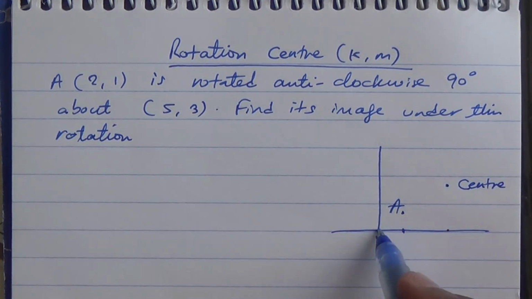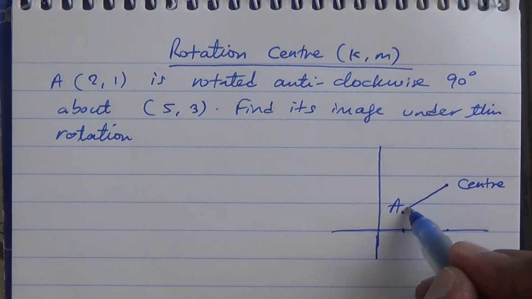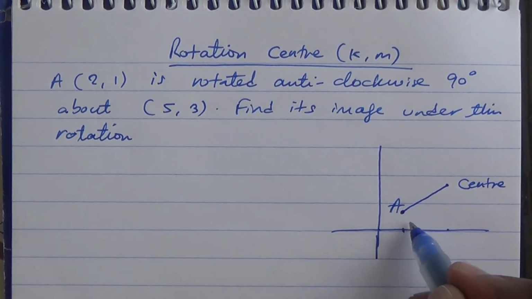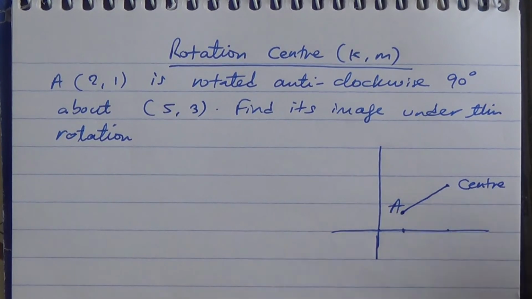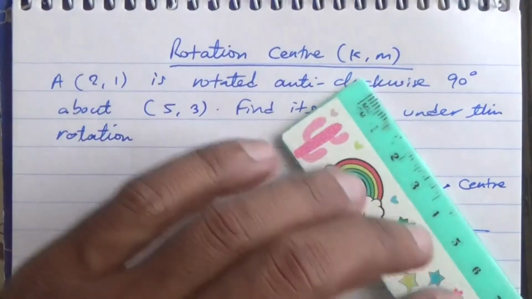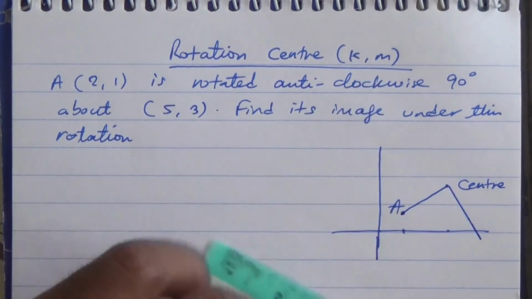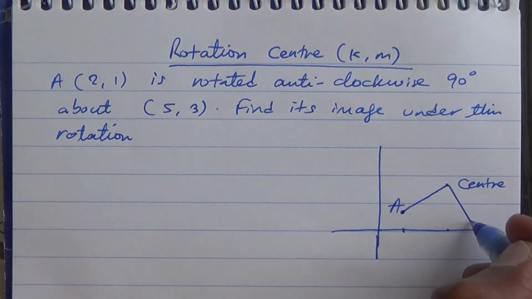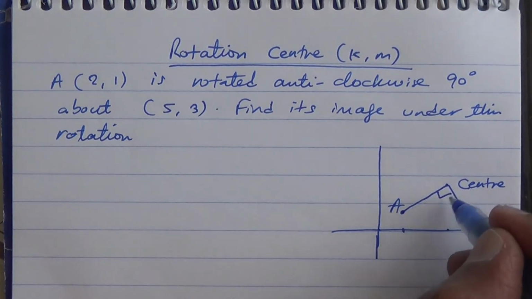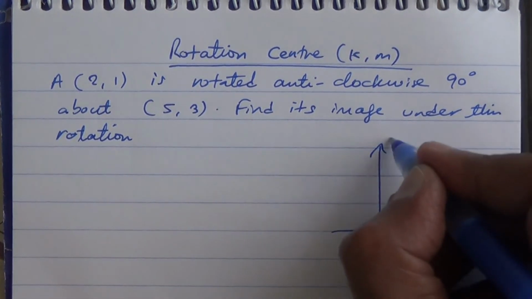Now the center is not the origin. So this is the point, and it is going to rotate anti-clockwise 90 degrees. Of course, it's going to fall somewhere over here. I don't know, maybe in this quadrant, maybe there, we don't know yet. But we know it's going to rotate 90 degrees like this.